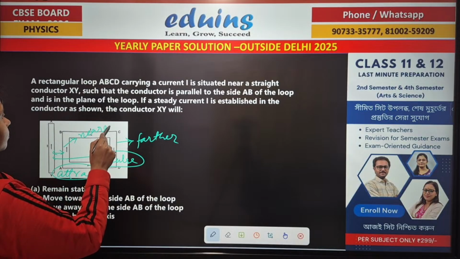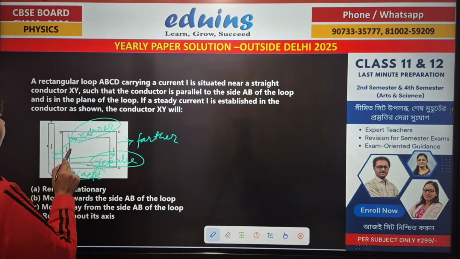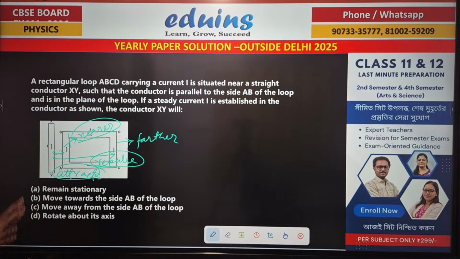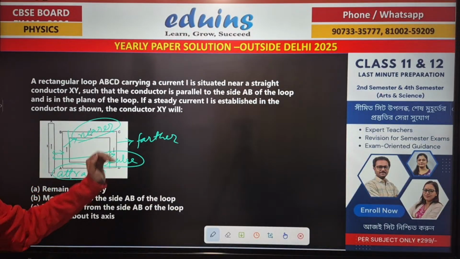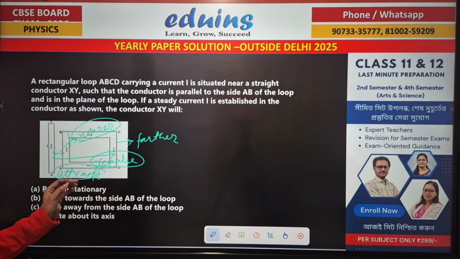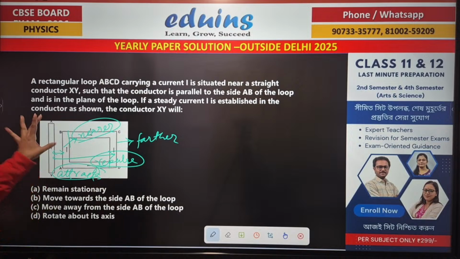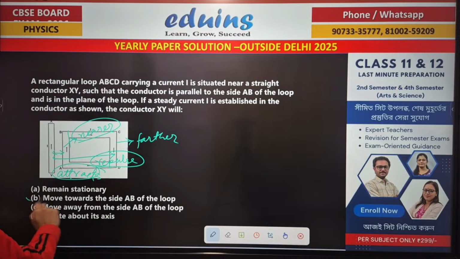So, the force of this side is applicable to this. And because this is situated on the further side, this force is weak. So this attracts XY. So XY is attracted by the AB side of the loop. So it moves towards the side AB of the loop. It becomes the right answer. Okay, Divya, well done.